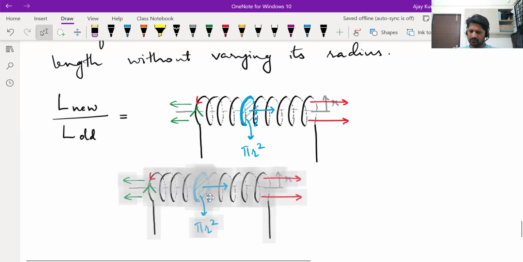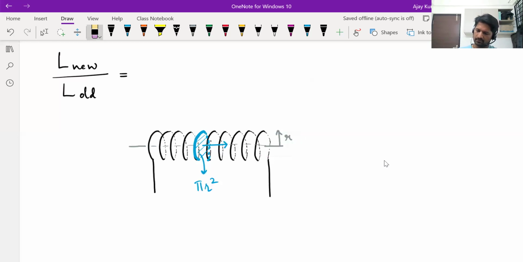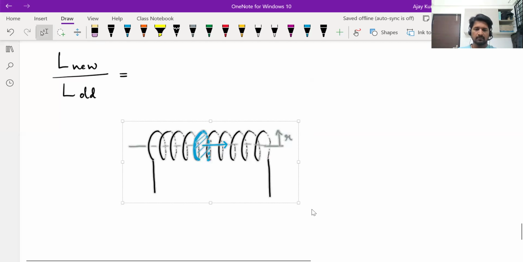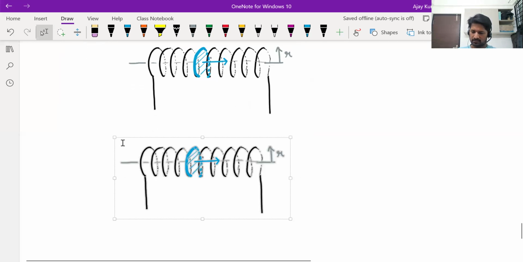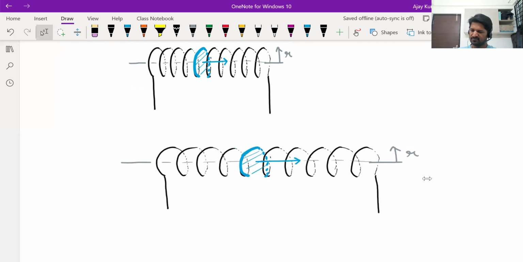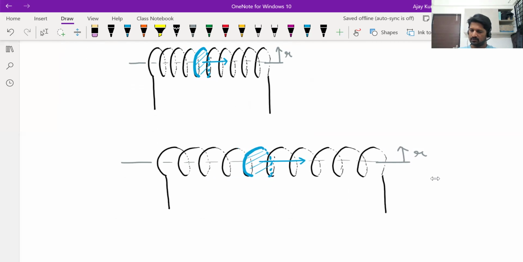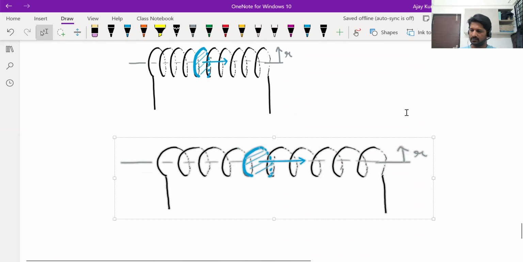So let's say this is the initial, original solenoid. Without changing its radius, it is being stretched. So I can literally do this. Okay, this is what happens. Radius stays the same. It is stretched to twice its length without varying the radius.